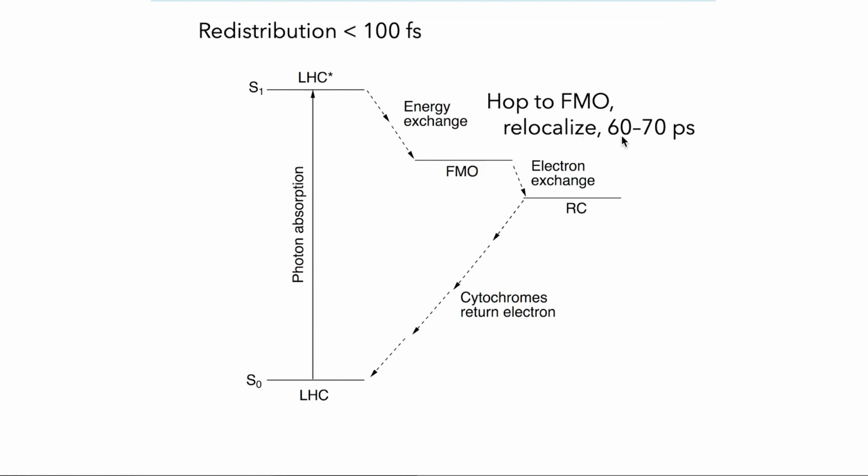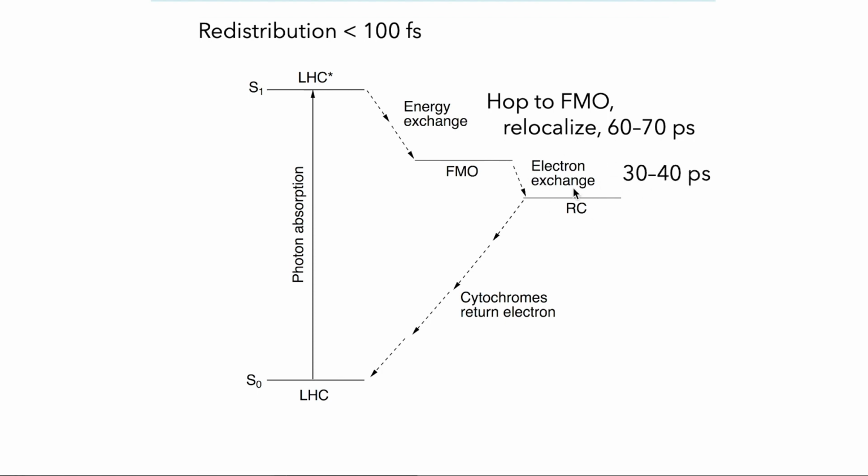This takes much longer, 60 to 70 picoseconds, to first delocalize the excitation over several molecules, let it hop till it gets over to the FMO, and then it has to relocalize so that an electron can be exchanged.